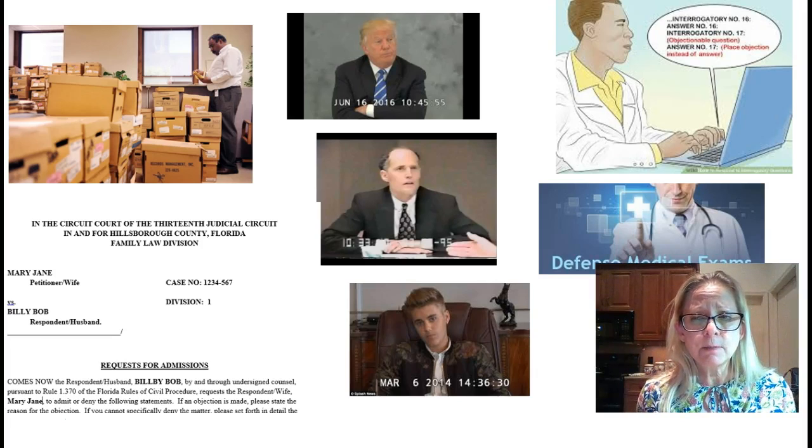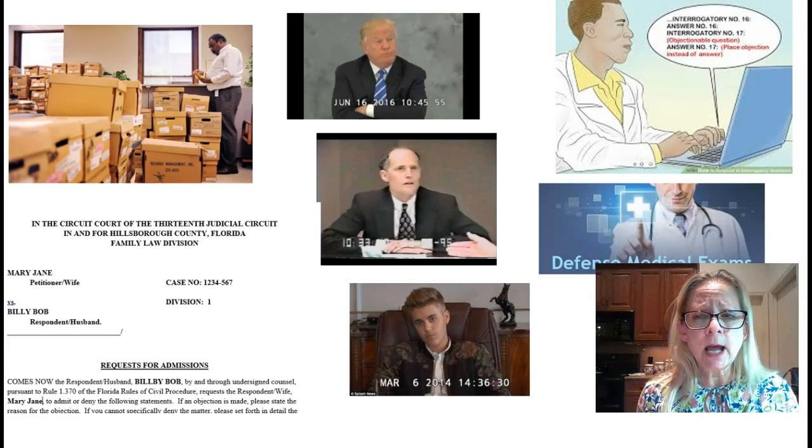This slide is just meant to refresh you or tell you for the first time about the different kinds of discovery devices that are used in order to get facts and information from your opponent or from co-parties in lawsuits or even from third parties in lawsuits.